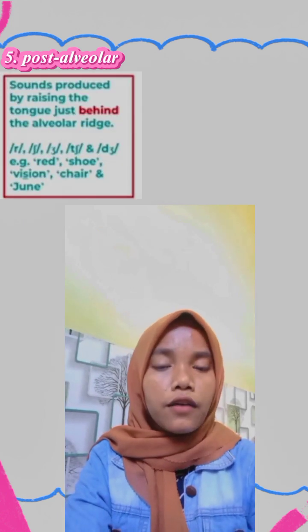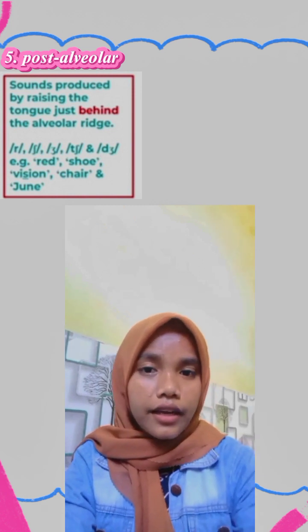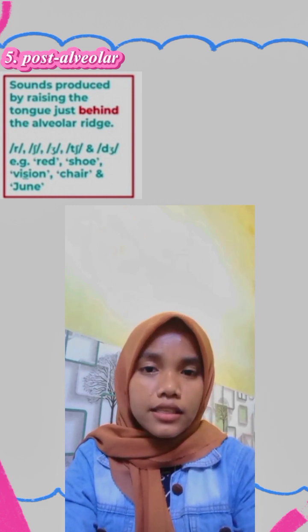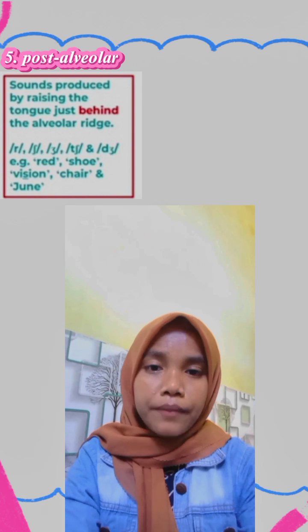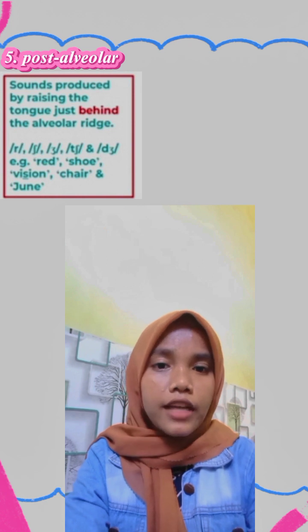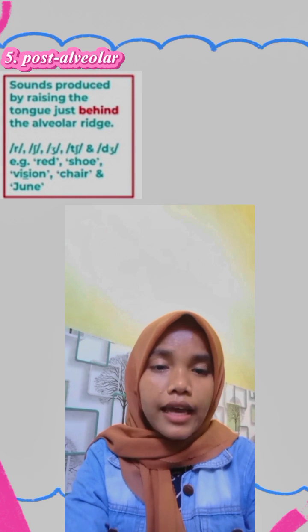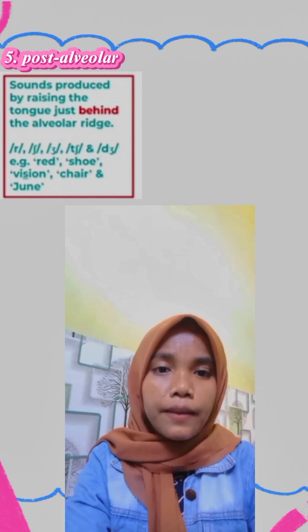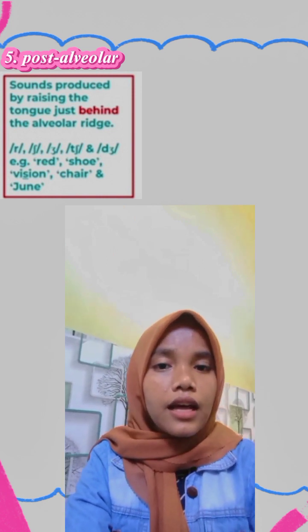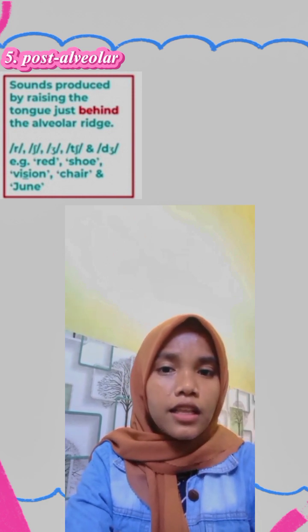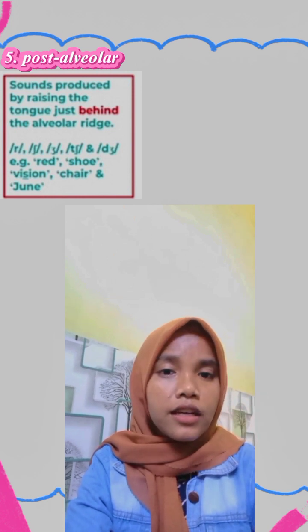They are produced by raising the tongue, the middle part of the tongue or the tip, just behind the alveolar ridge. So we have, for example, r, sh, and j. It's very close to the alveolar ridge but a bit further back, and again let me give you some example words: red, show, vision, chair, and John.